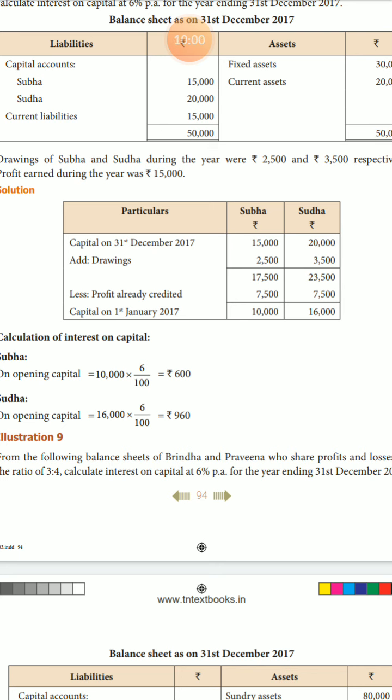Okay students, listen. Solution. First you write the particulars, Brinda and Praveen, dividing the particulars into two columns, all on a single page. First, capital. The capital date is December 31st, 2017.